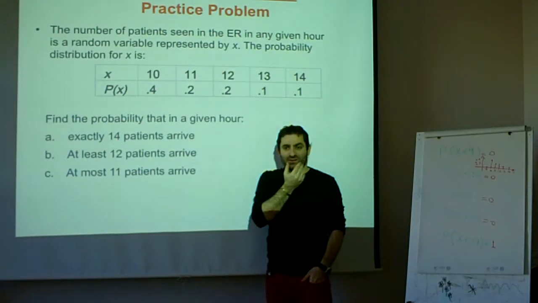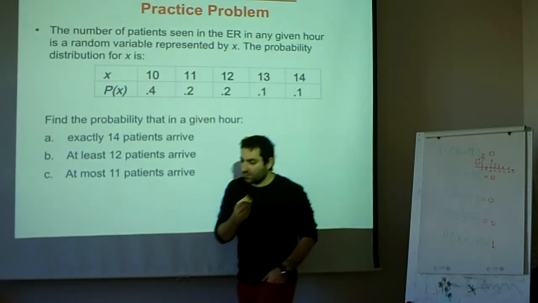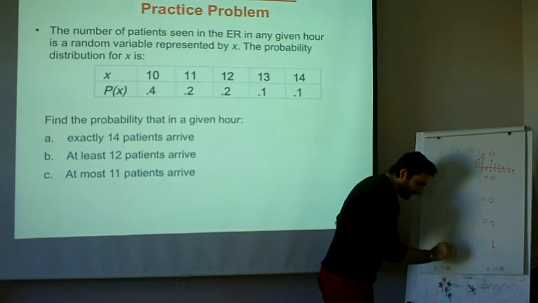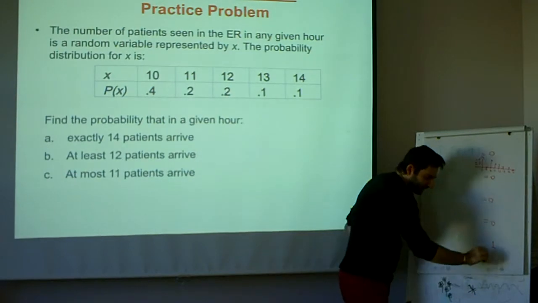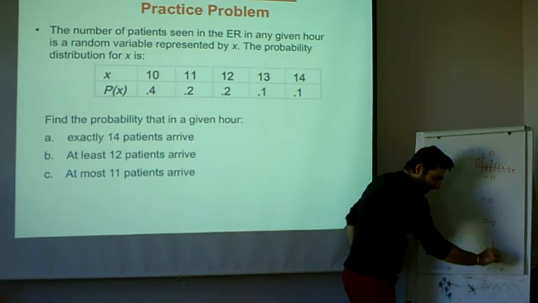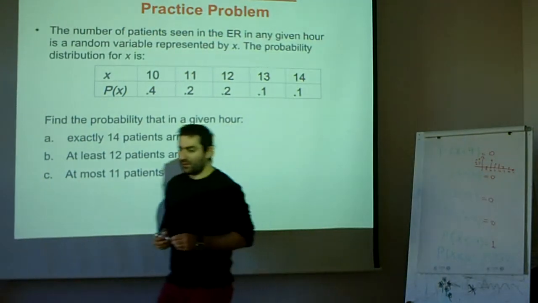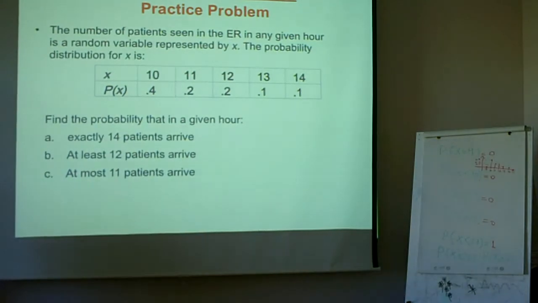What is the meaning of this? What is the difference between these two: P of x less than or equal to 12 and P of x greater than or equal to 12? What is the meaning of the first one?